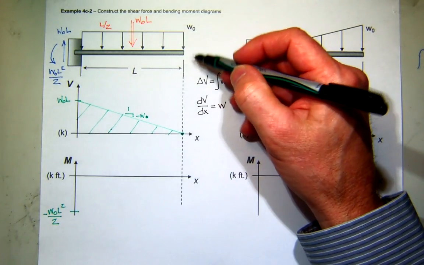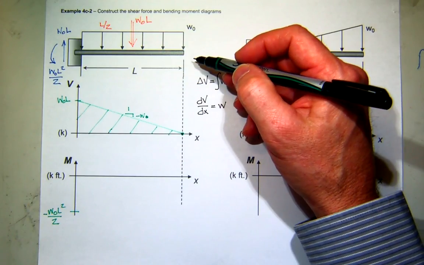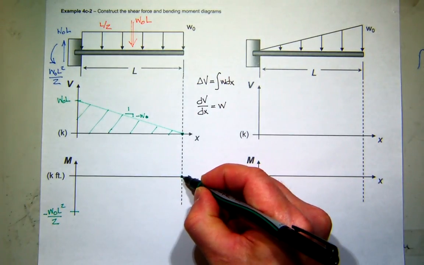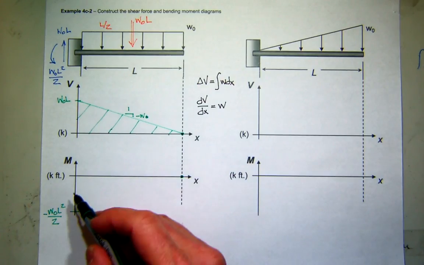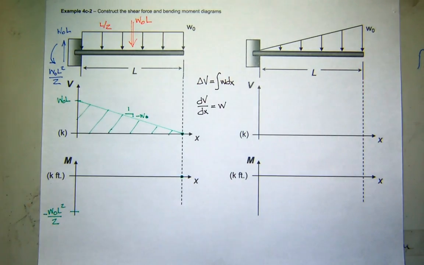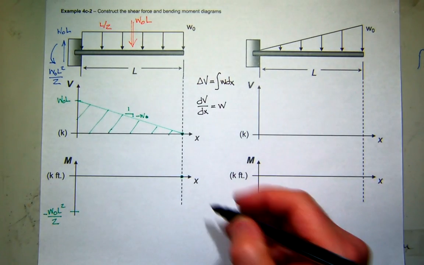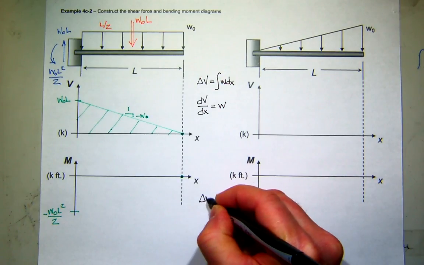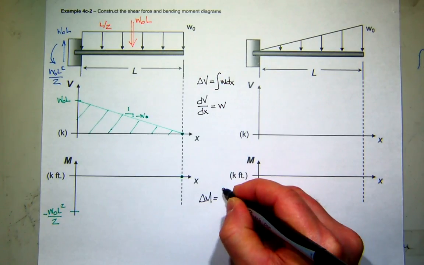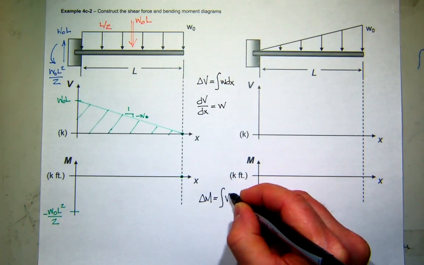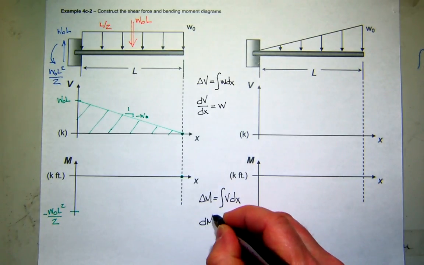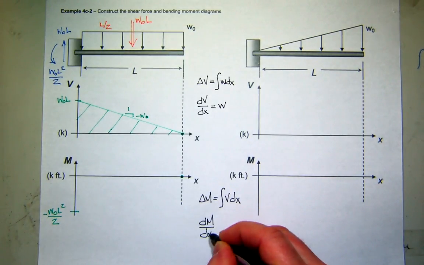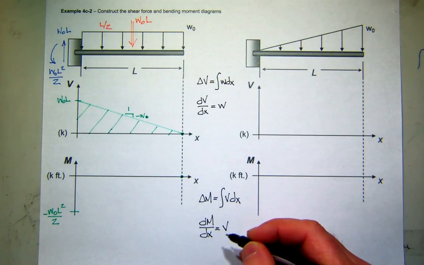What's the moment at the free end? 0. So let's see if that works. This should be satisfied by the relationship that the change in moment is the area under the shear diagram, and that the derivative of the moment is equal to the shear.